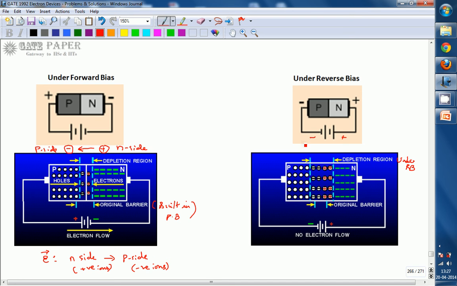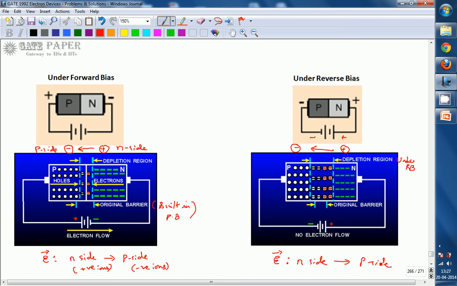So here also the electric field is always generated from positive ions to negative ions, which implies that the electric field always originates from N side to P side, whether it is forward bias or reverse bias.